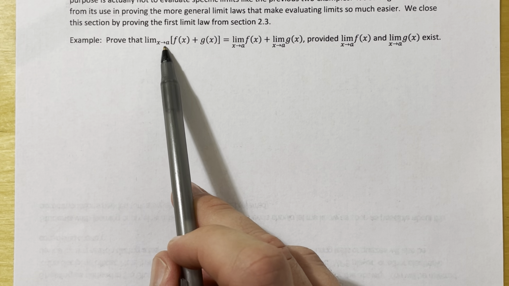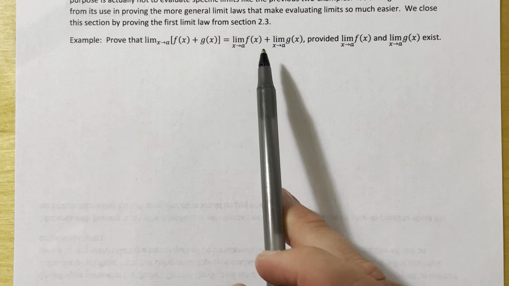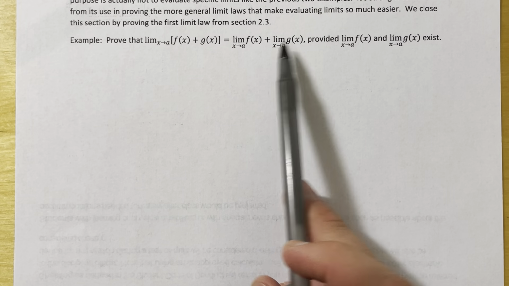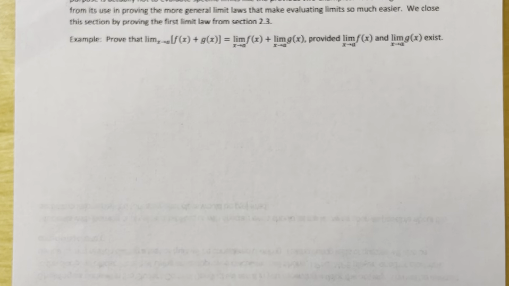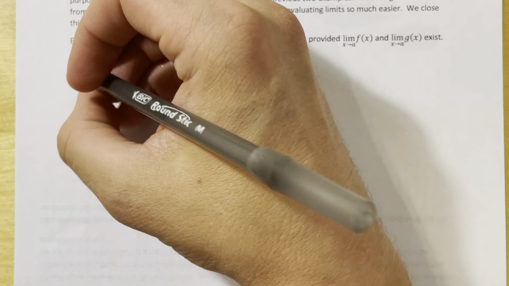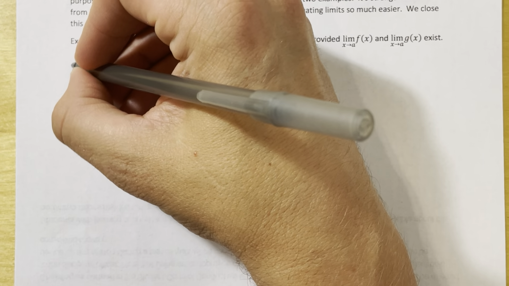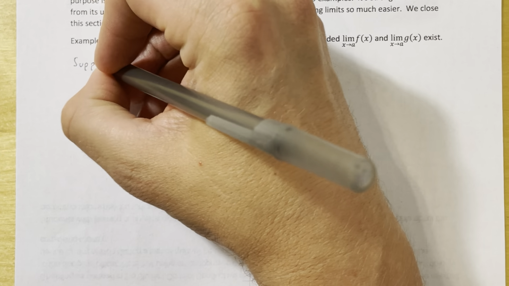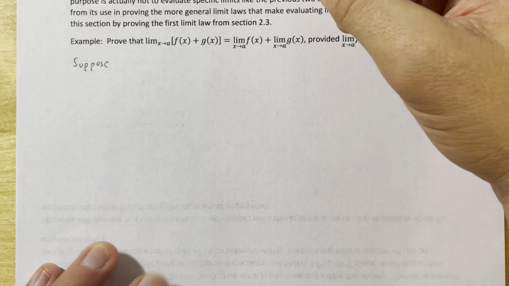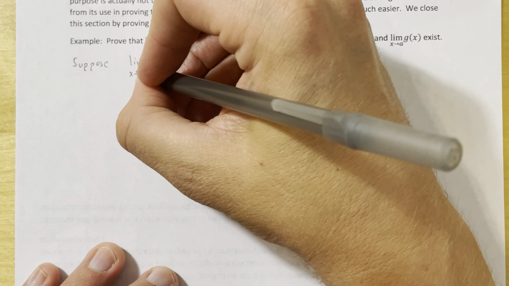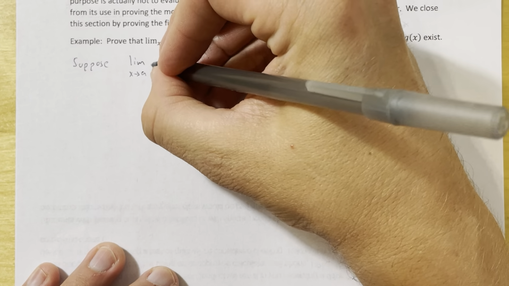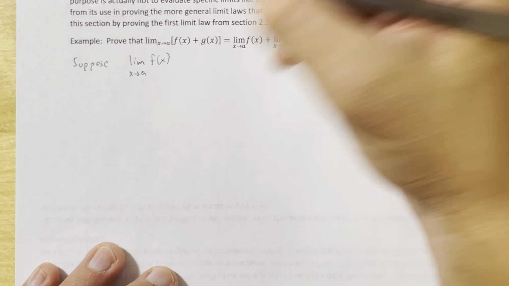The limit as x approaches a of f of x plus g of x is equal to the sum of those limits, provided that those limits exist in the first place. How do we prove this? Well, what we're going to do is suppose that the limit as x approaches a of f of x exists.